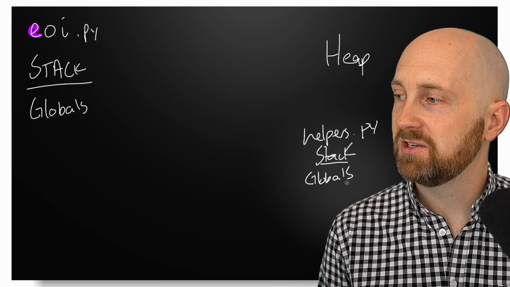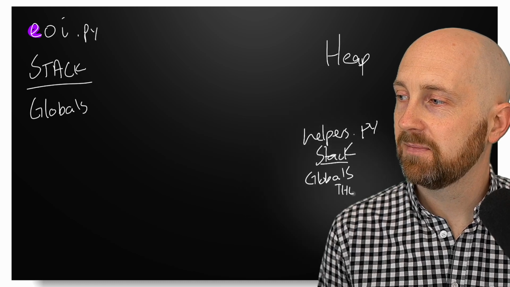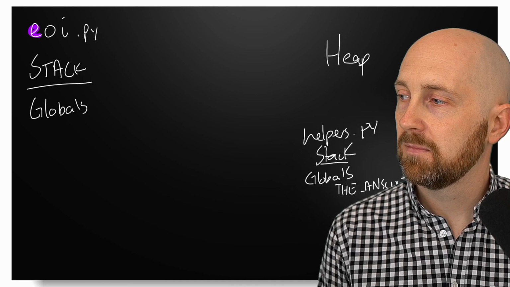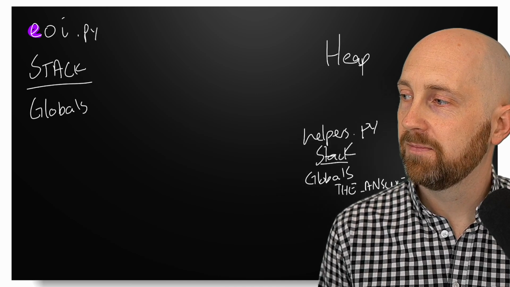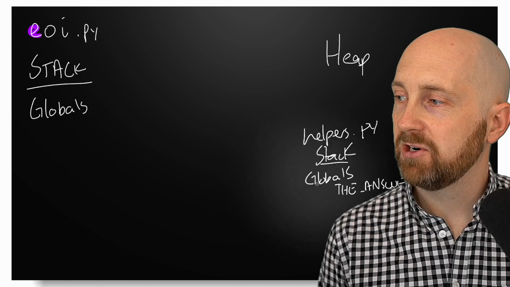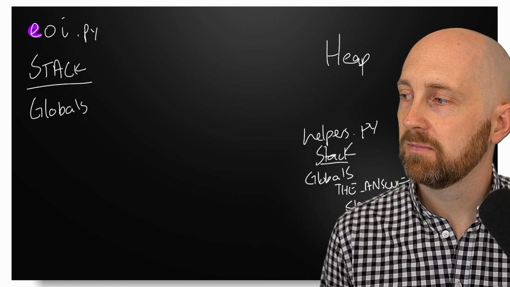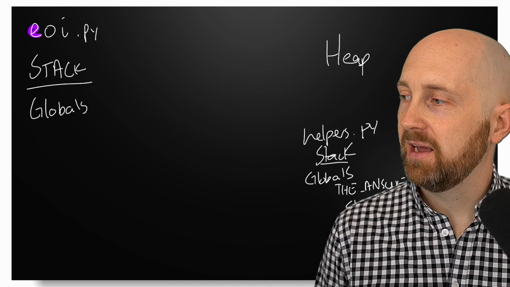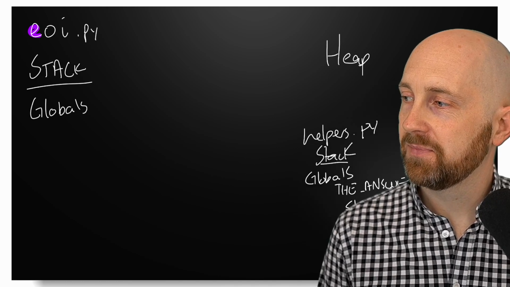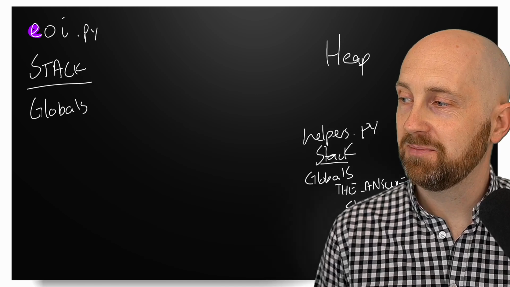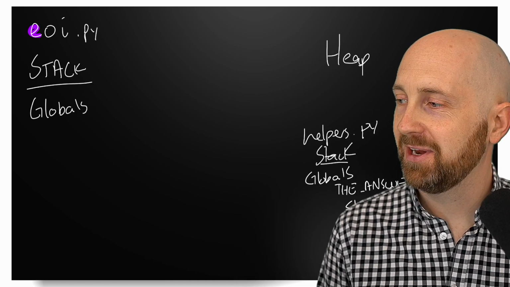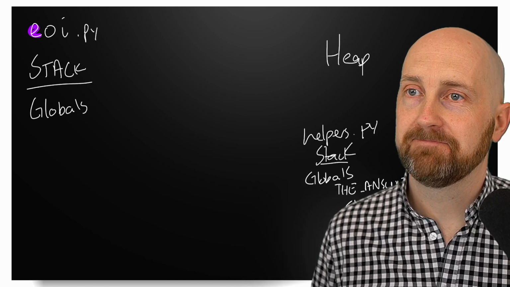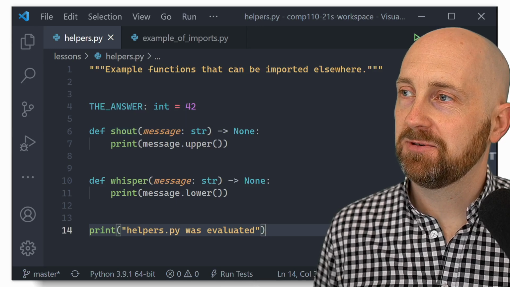So I've already made my box too small. So there's this constant that is the answer. And that's 42, right? There's the shout function, which is the function. And I'm actually going to draw this arrow down below because all of this winds up being on the heap in kind of a funny and bizarre way. But this is the function that is on lines 6 through 7.